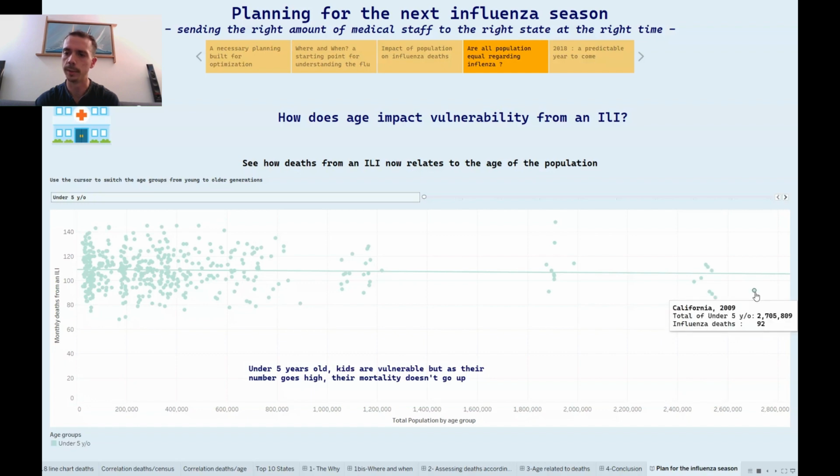So here we know that in 2009 in California, there were 92 deaths of kids under 5 years old. But as you notice, California doesn't hold a higher number than, for example, Colorado, or Oregon, Nebraska, Idaho, which were states with very low mortality rates. So yes, kids are vulnerable, but shouldn't really be used in order to focus on the number by state.